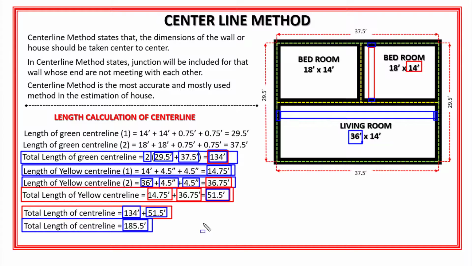So now finally I can say that the total length of the center line for this particular house plan is equal to 185.5 feet. So this is all about how to use this center line method in the estimation of house.